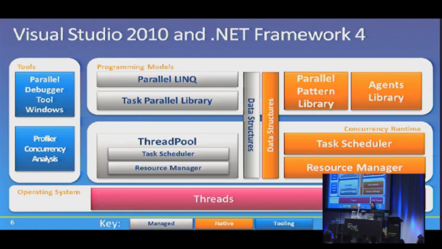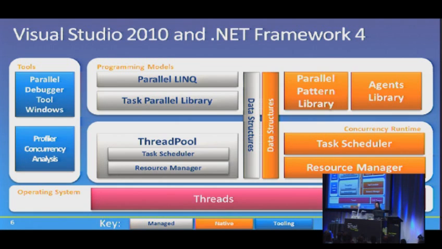You can see the unmanaged model in orange, which you'd use from C++, and then the managed model, which we're going to look at today, Parallel LINQ sitting over the Task Parallel Library. That in turn sits over the traditional thread pool that we've had in .NET since the beginning, and those in turn sit over the Windows operating system threads and also user mode scheduled threads.